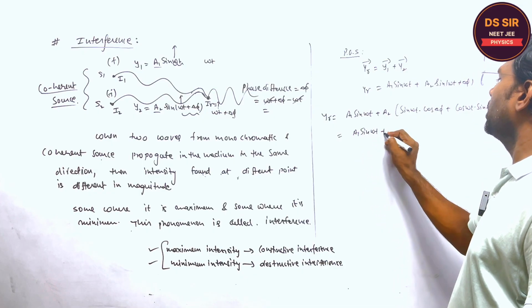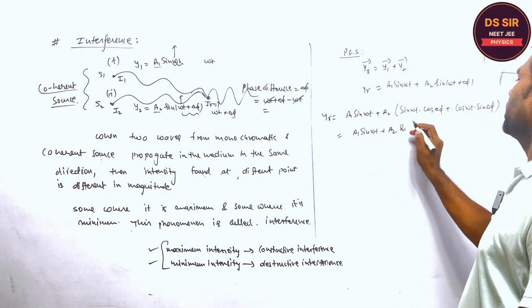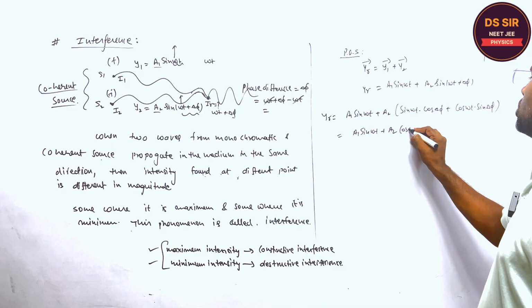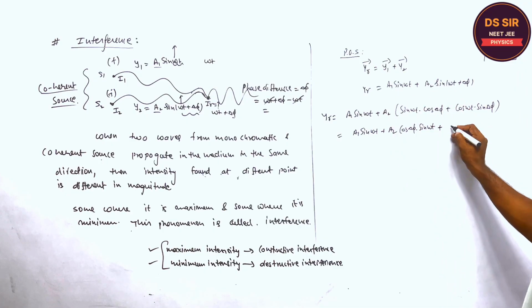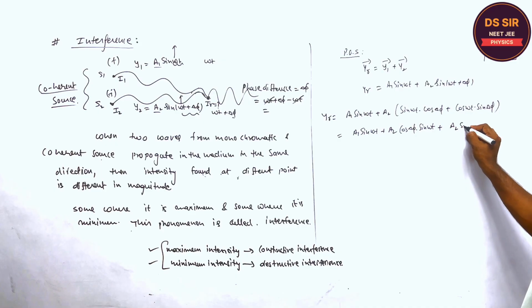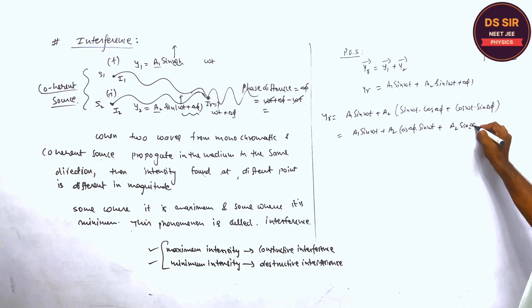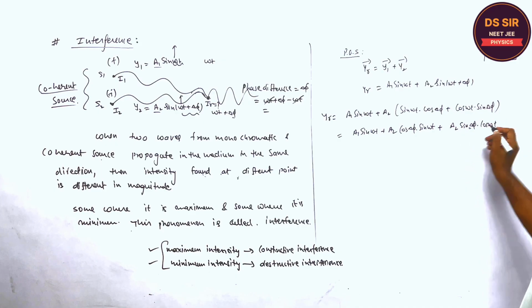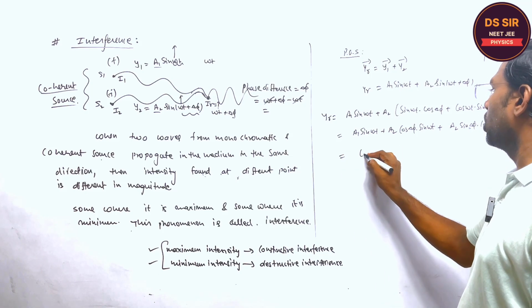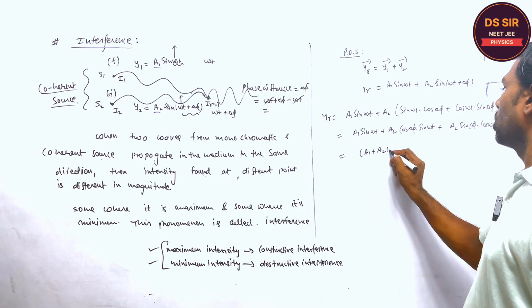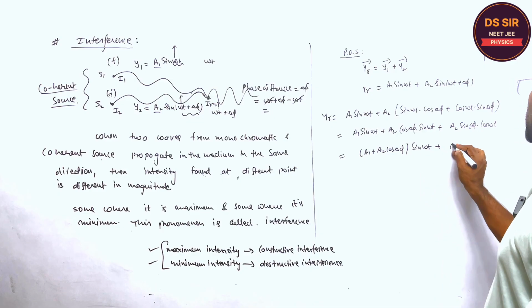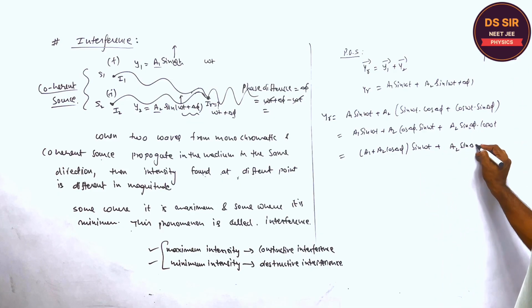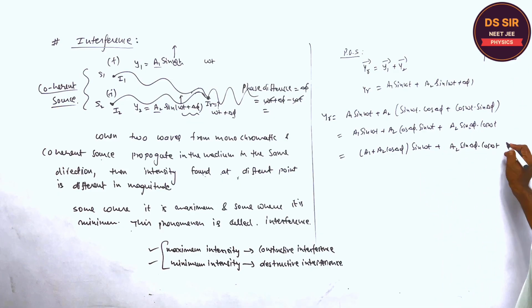A1 sine omega t plus A2 multiplied by cos delta phi sine omega t, plus A2 sine delta phi into cos omega t, and you will take common A1 plus A2 cos delta phi, into sine omega t, plus A2 sine delta phi into cos omega t, right?